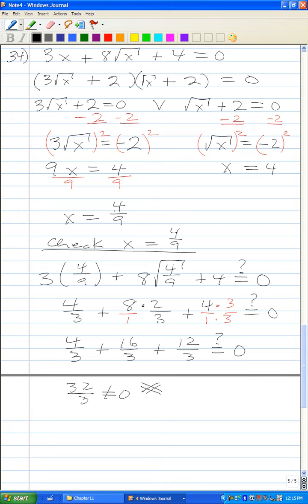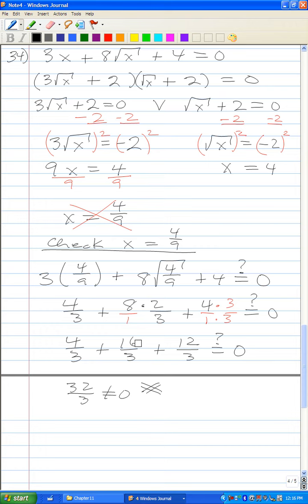So no, that's not a solution. That's an extraneous solution. But notice that if I would have changed this positive 16 over 3 to negative 16 over 3, I would have gotten 0. Okay, so that's good.